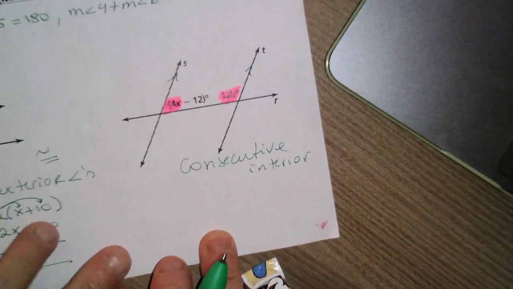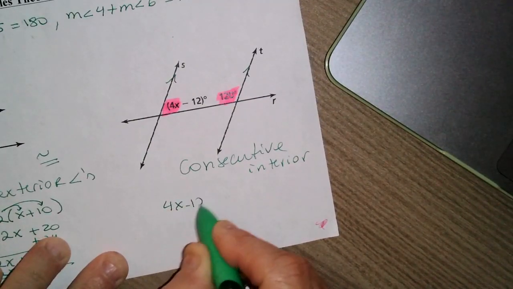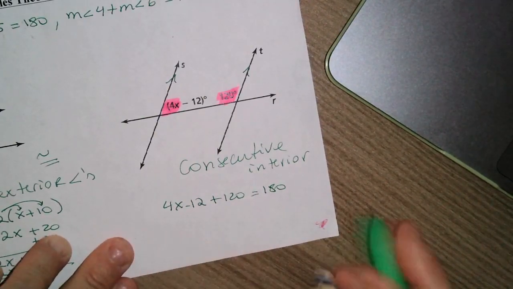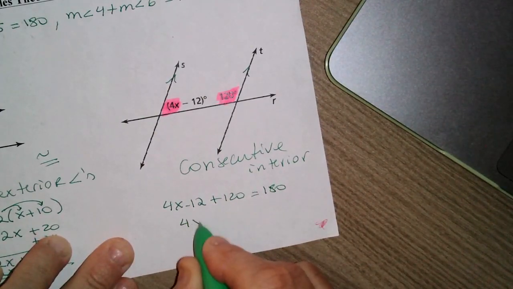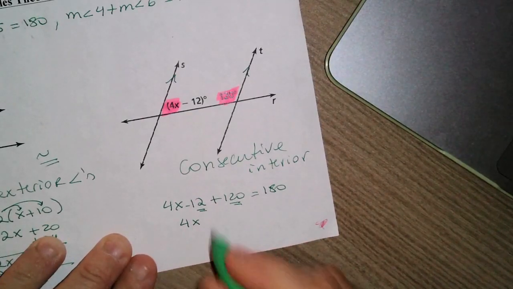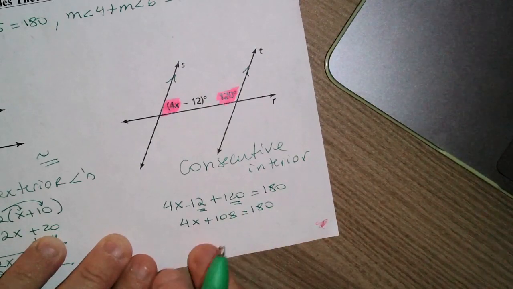So we have to add them and make it equal to 180. So 4x minus 12 plus 120 equals 180. Combine like terms: negative 12 with 120 gives plus 108, so 4x plus 108 equals 180.